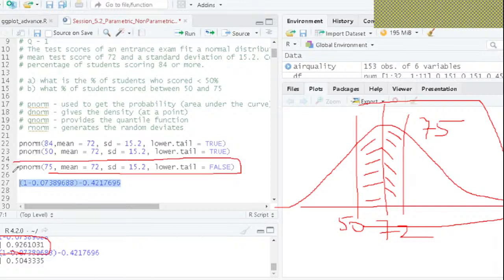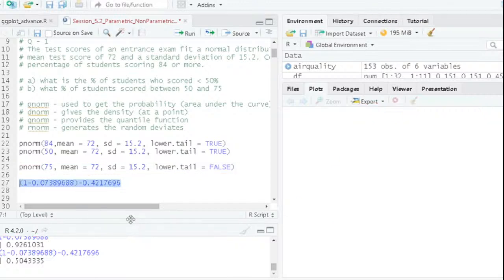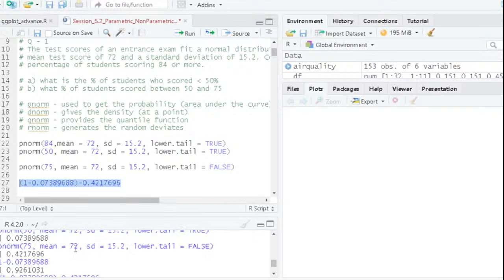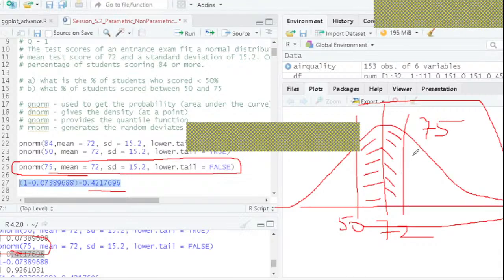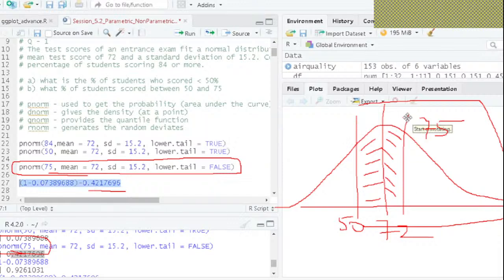Lower tail equal to false comes out to be, I think, 0.4217. So from this entire area, I will subtract this area. It will give me this area. Is that clear? Is this clear to all of you?